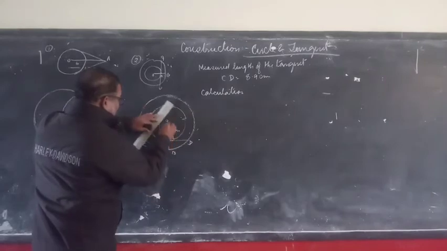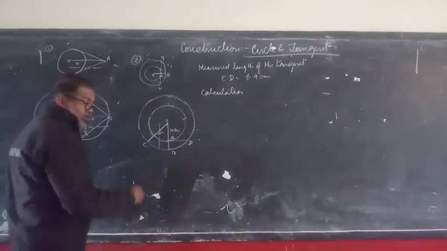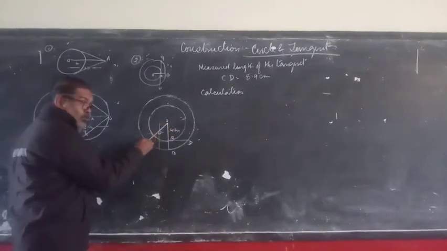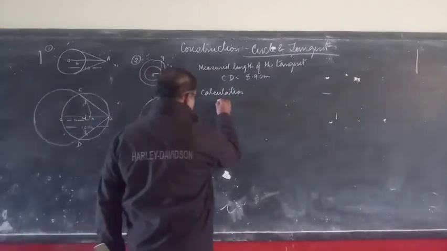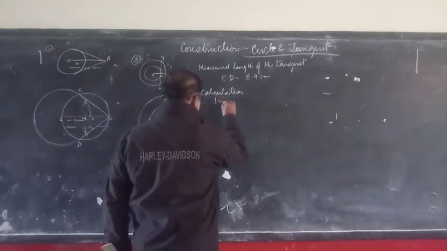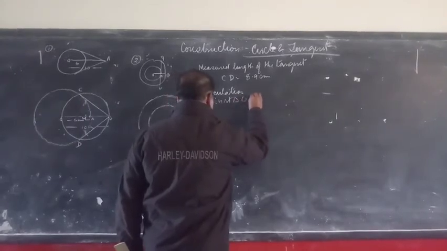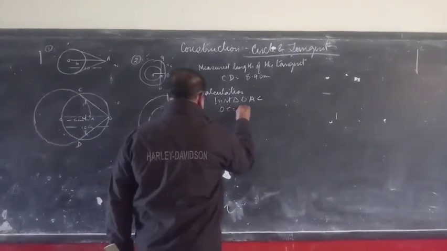Now see how I am doing the calculation. Join OC. Please look at the board. What is the measurement of OC? 6 centimeters. Very good. In right triangle OAC, OC is equal to 6 centimeter.